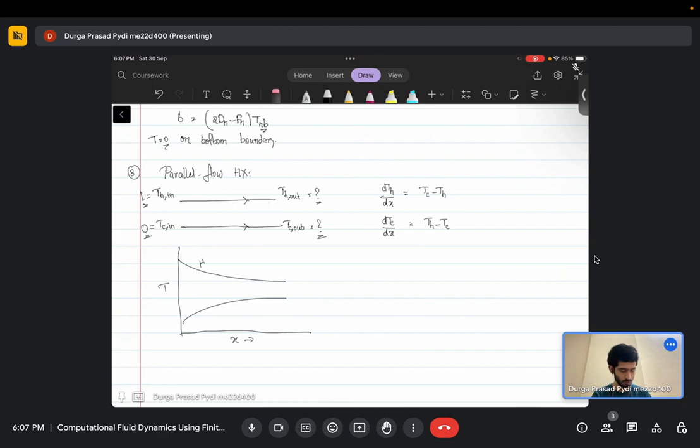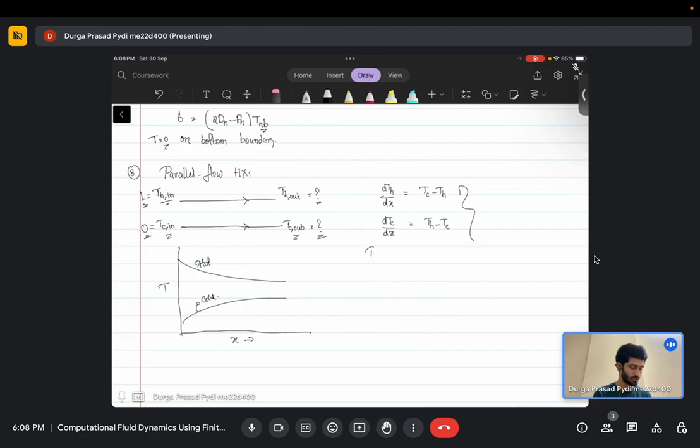So this is for the hot fluid, this is for the cold fluid. But when we try to solve the problem, we would be only knowing the inlet conditions but not the outlet conditions. So if you know one of these outlet conditions, then you can use the energy balance, and then you can directly determine the other temperature. But say suppose we do not know, we just know the inlet conditions and we know this differential equation. So how do we go about solving this?